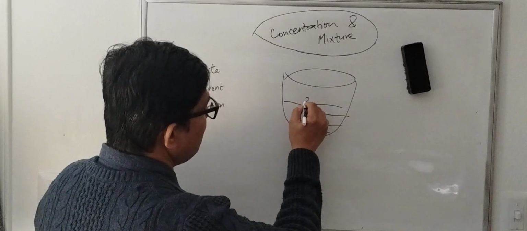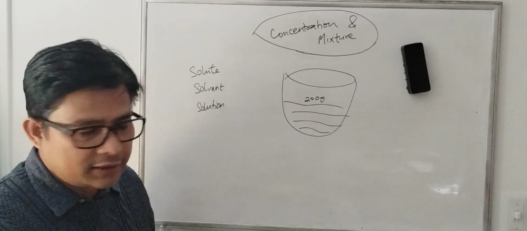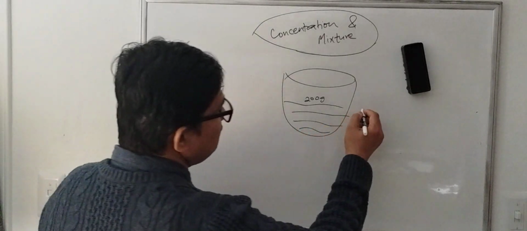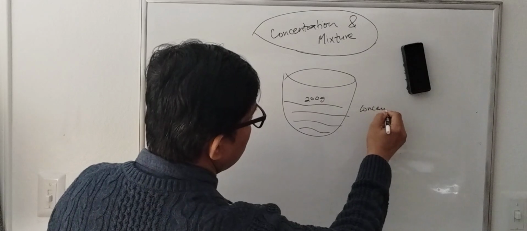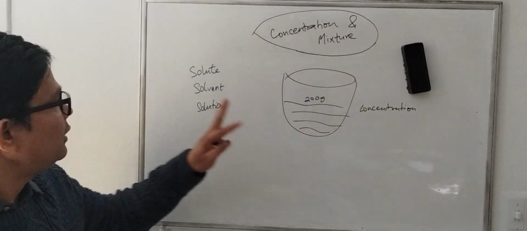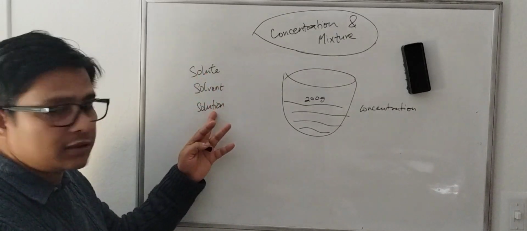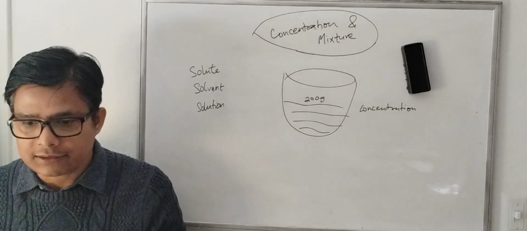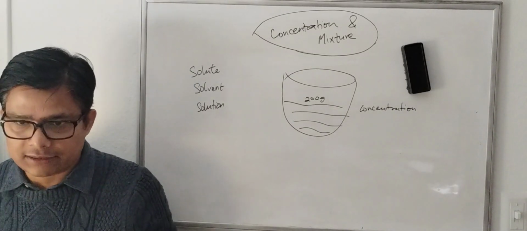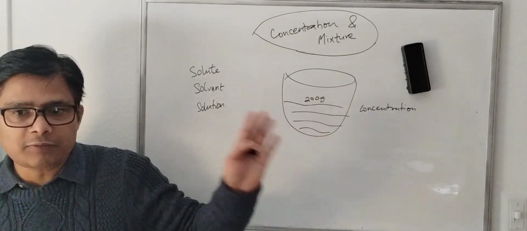So let's assume you have 200 gram of solution, and the concentration is... okay, we did not define what concentration is. Concentration is what percentage of solute is in the solution. Listen, when a question says X percentage of concentration, it means in the solution you have X percentage of solute.